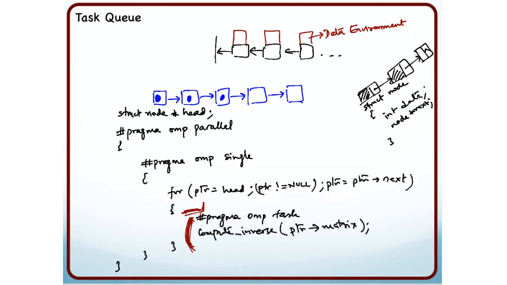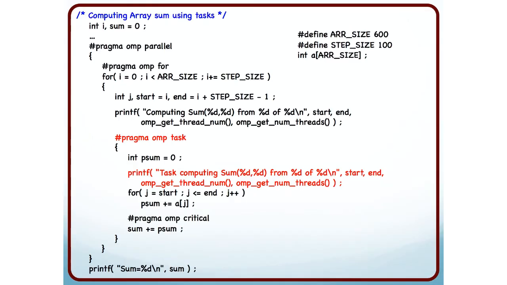So what OpenMP does is that when it queues up a task, it also associates some data environment with it. By default, what it does is it creates a new copy of all these variables that are in the context of the thread. So at this point of time when this task is encountered, it creates a new task.